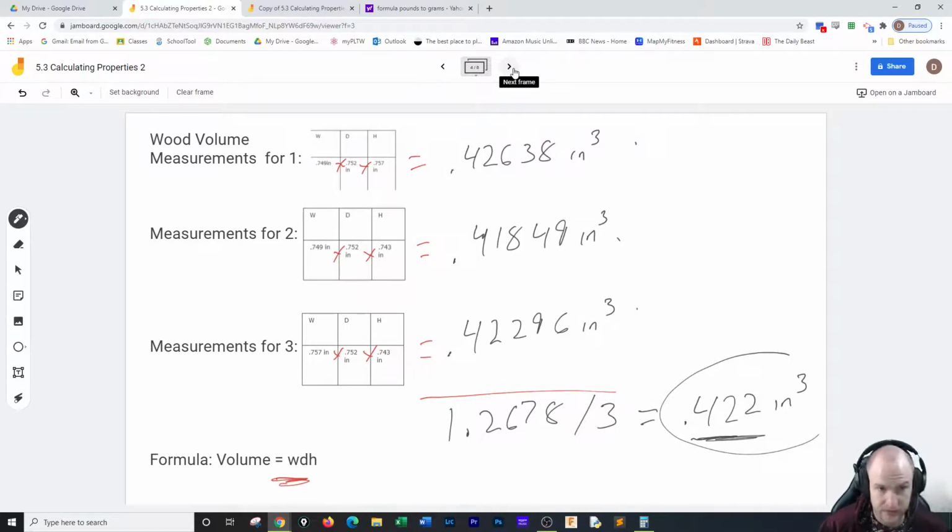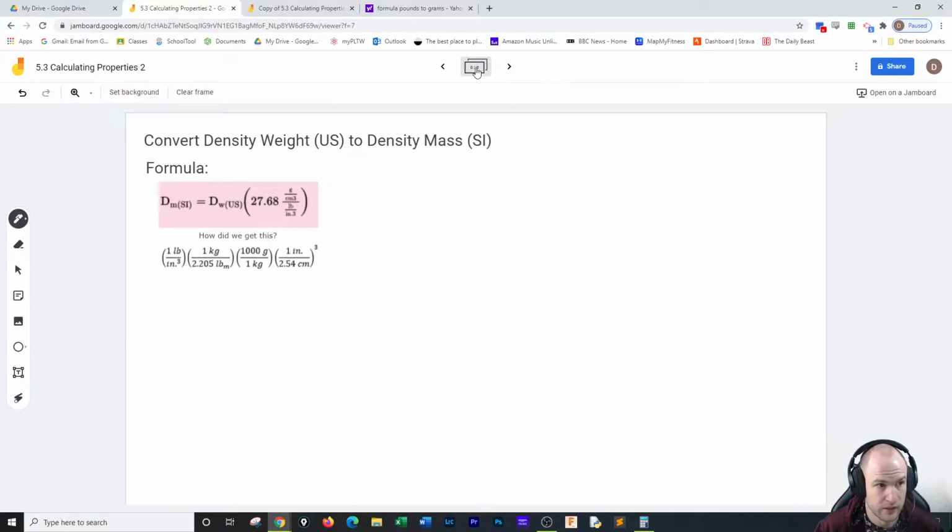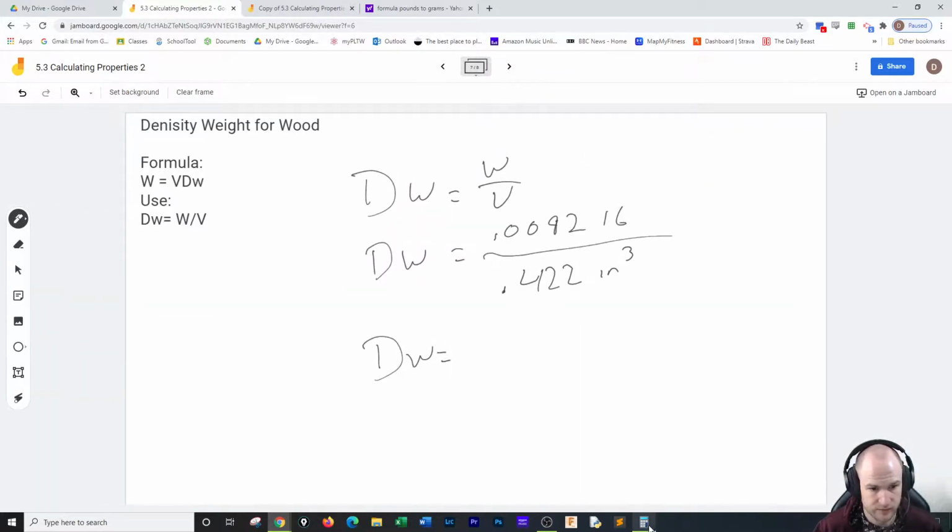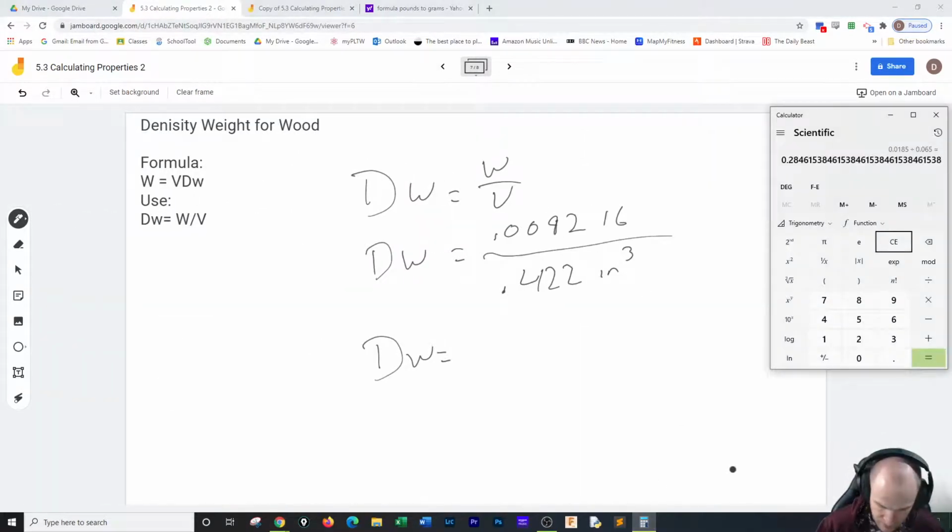So we have a density weight equal to 0.0092 divided by 0.422. And we get a density weight of, I'm going to say 0.022 pounds per inches cubed. Okay.